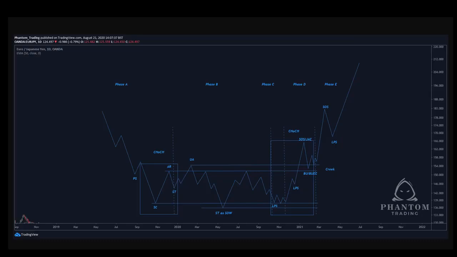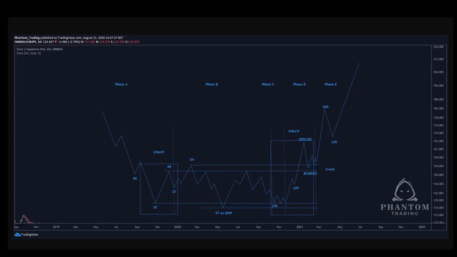Just to clarify, the three fundamental laws of Wyckoff are the law of supply and demand, the law of cause and effect, and the law of effort versus result. And of course, we'll see, hopefully, as I delve into Euro Sterling, just how apparent and clear they are in multiple time frames across multiple asset classes.